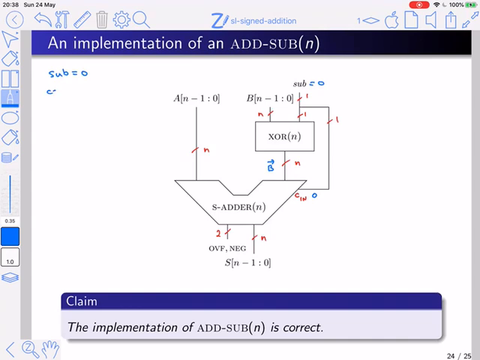So correctness holds because the signed adder is correct.